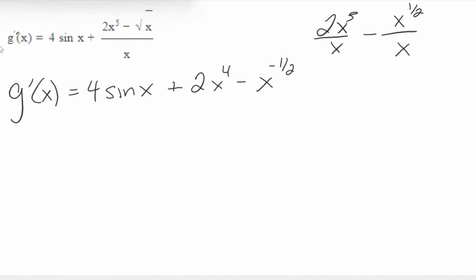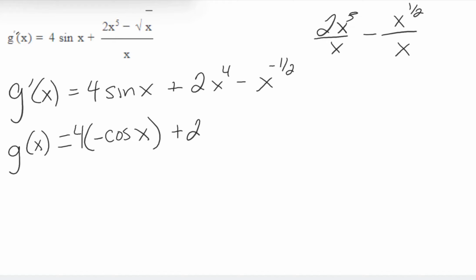So we've got this. What's the integral or the antiderivative of sine of x? Negative cosine of x. Okay?